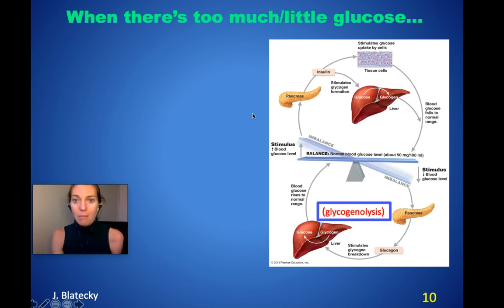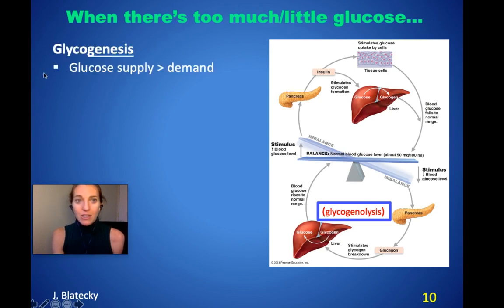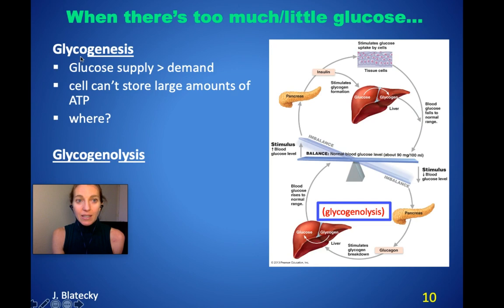So we are making glycogen. If you were to put a name behind that, it's glycogenesis. Genesis means the creation of, and we are saying we are creating glycogen. So you really just have to break down these words, and they will define for you what they do. Glycogenesis is going to occur when the glucose supply is larger than the demand.